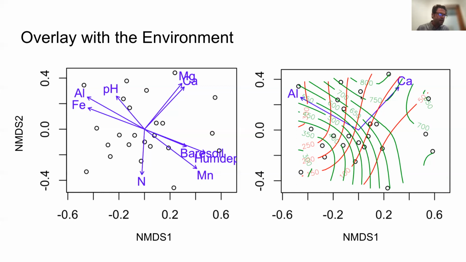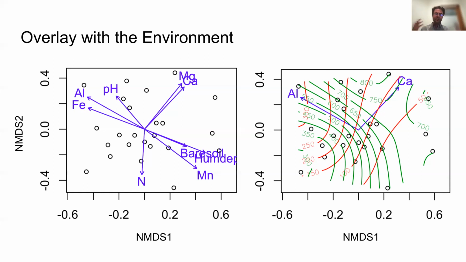One is red, I'd have to look at the code to remember which is which, and one is green. So calcium is either red or green, and aluminum is the other one. And the point is that you can then look at how that gradient changes across those sites that are spread out by species.